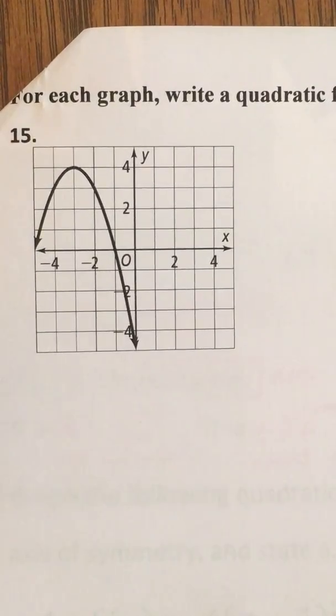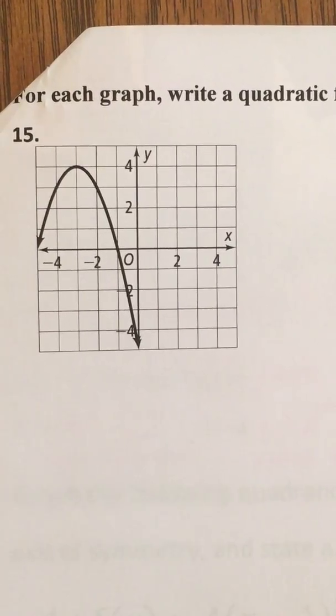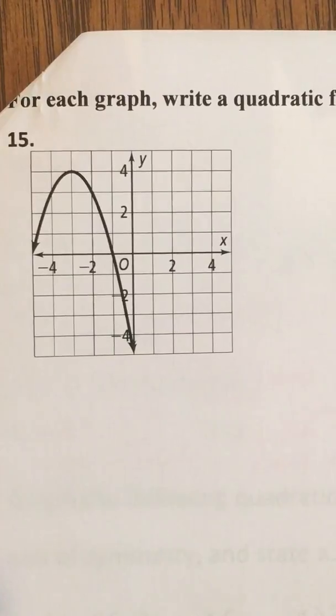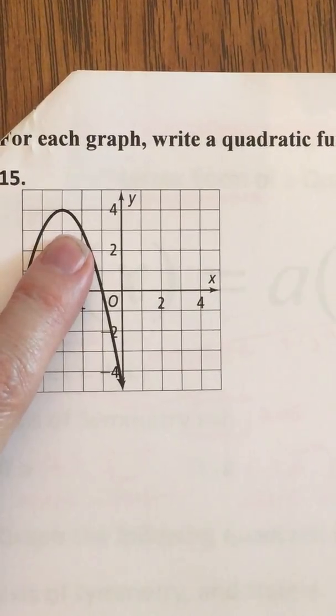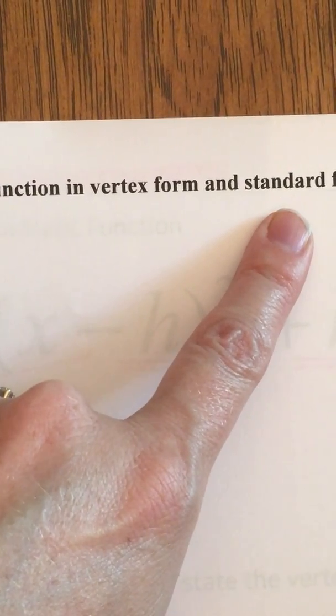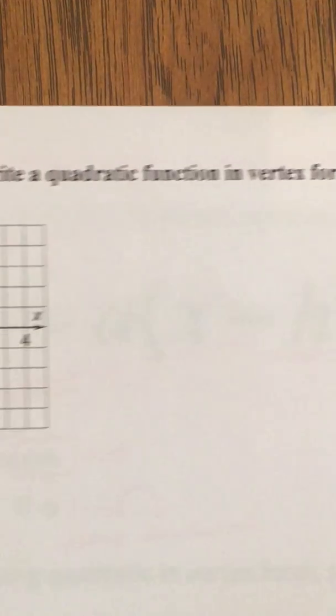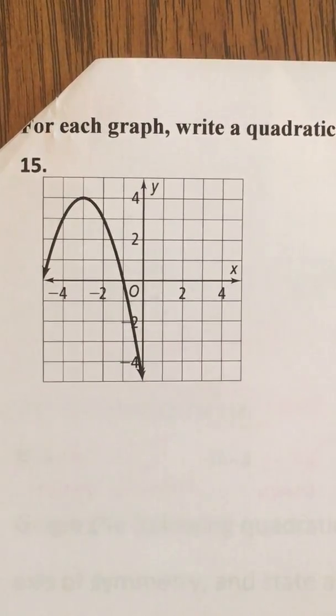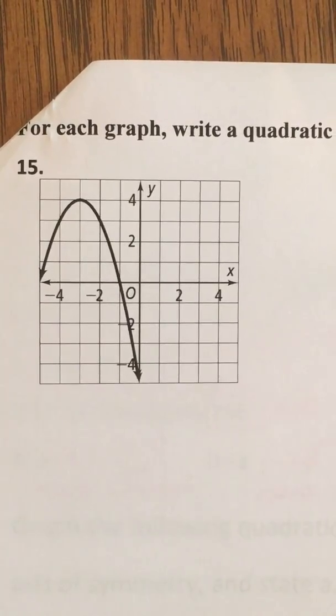Problem 15. We're going to start this problem together, and then I'm going to let you finish it on your own. So here they gave us a graph. They want this written in vertex form and standard form. But they didn't even give us any coordinate points this time. What are they thinking? They're thinking that you have some skills that we need to put to work.